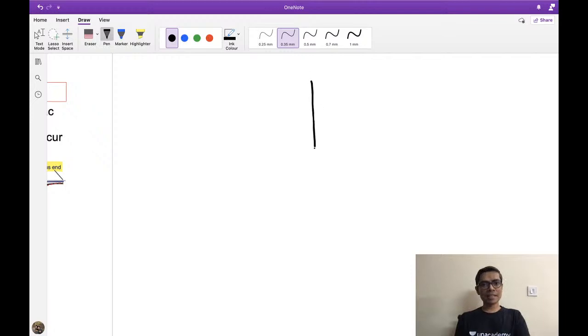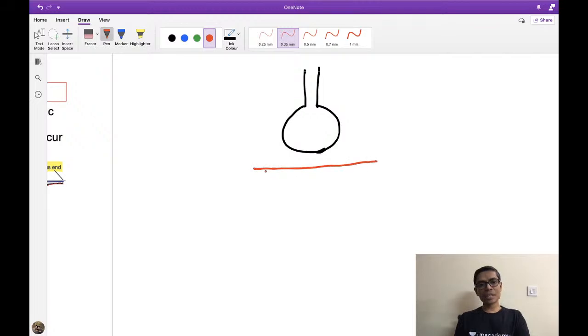Again the same thing, my famous alveoli, I am drawing. This is my famous alveoli, right? Below this alveoli I am drawing the pulmonary capillary.